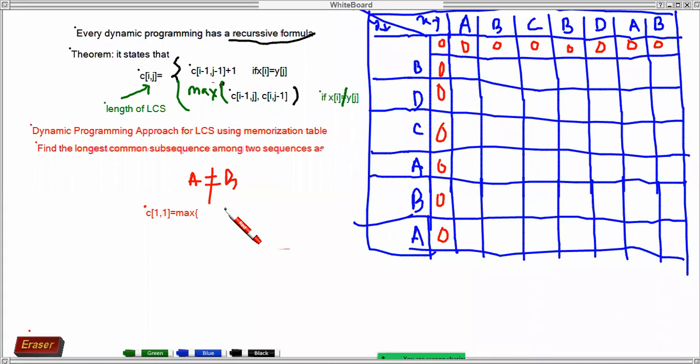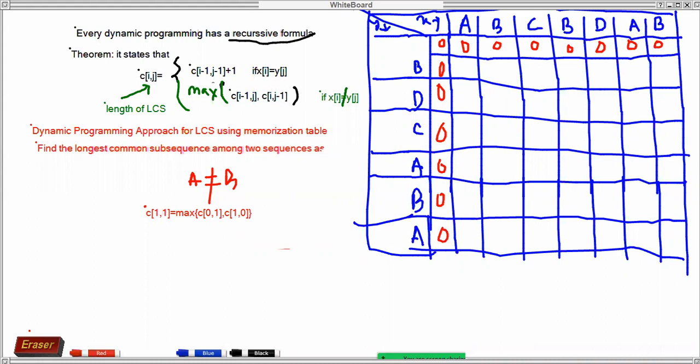That is the maximum of C of i minus 1, which is C of 0,1, and C of i, j minus 1, which is C of 1,0. I want to find the maximum of this. So the maximum of C01 is how much? 0. This is 0.